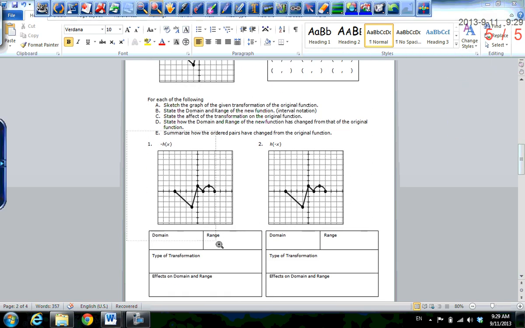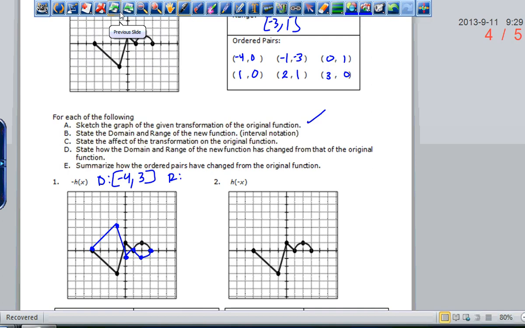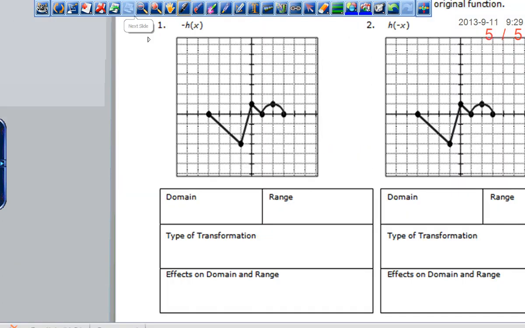So what is it now? Looks like it's from -1 to +3. What was our domain? Cool. Type of transformation, we can say reflection.